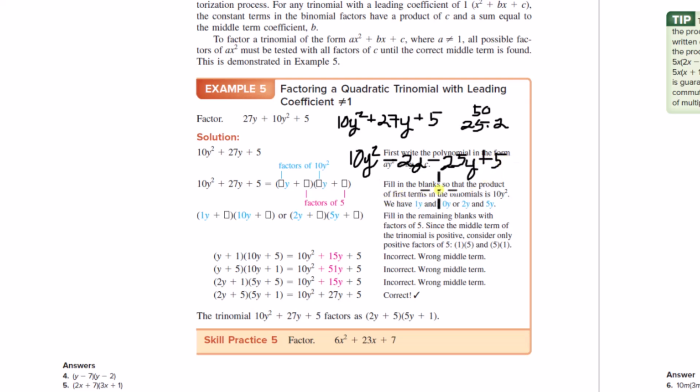You see? That's the same thing, right? I grouped the 2y this way because if I did it the other way, minus 25y minus 2y, well, then the 2y and the 5 don't really match up. But you might have to do it that way as long as this condition is satisfied.